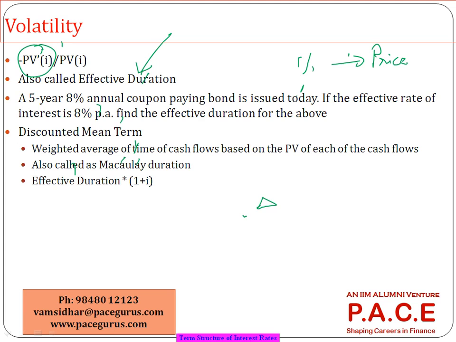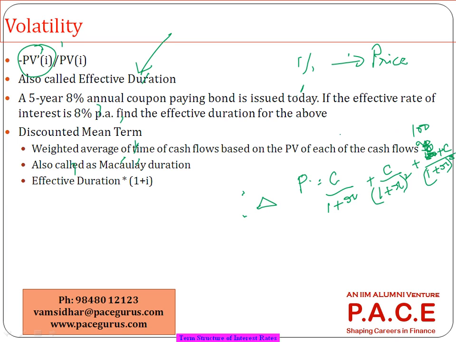Typically, if we look at the formula we are going with for finding out the price, for that example we have done, it is C by 1 plus R, which is the coupon, plus C by 1 plus R squared, plus 100 plus C by 1 plus R cube, where 100 is the principal, whatever is the face value.